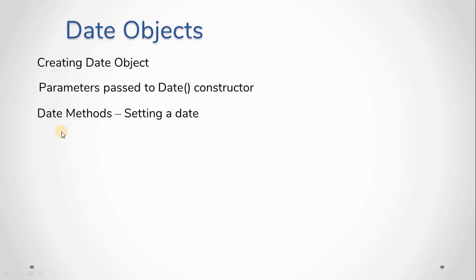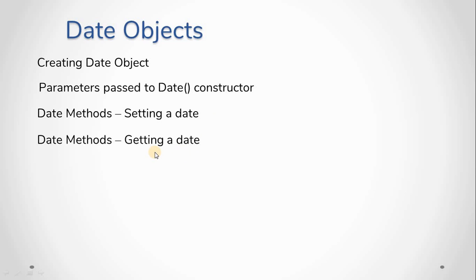Similarly, after learning about date methods for setting a date in JavaScript, we'll reverse it, which is getting the date object. After setting all of the date parameters on this date constructor, we'll display or get the date according to our needs, like getting the hour, the day, month and year, and so on and so forth, right?